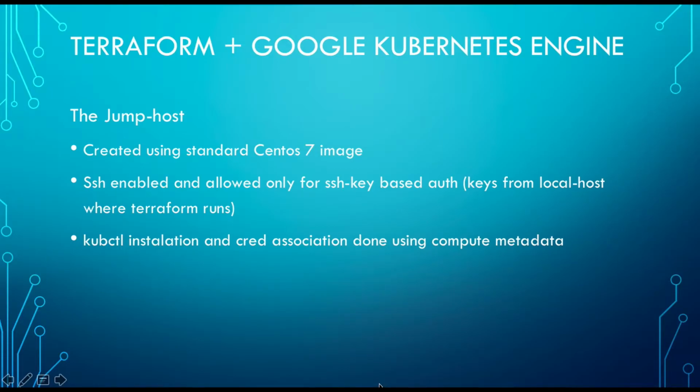The jump host. As informed earlier, we are going to create a jump host to run the kubectl commands for managing the cluster. This jump host is going to be created using a standard CentOS 7 image. SSH will be enabled and allowed only through SSH key based auth, so the key from the local host will be used for this SSH.